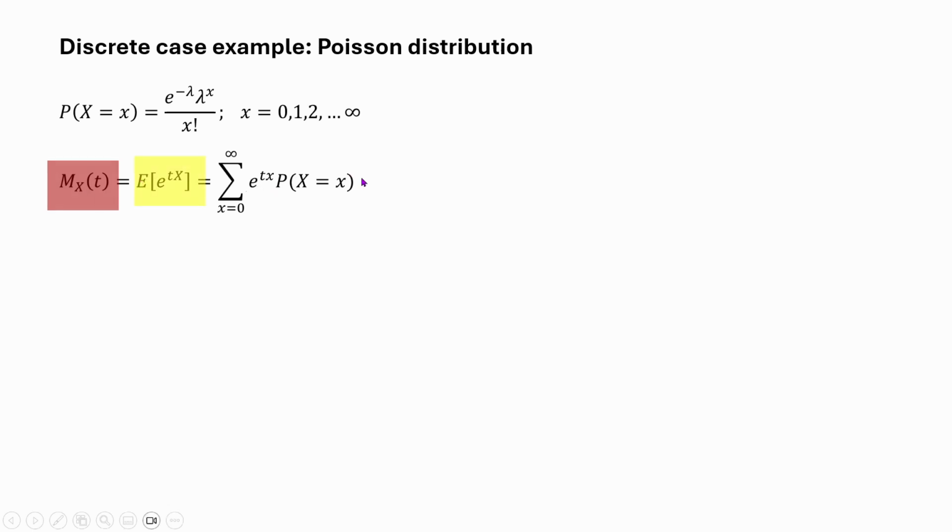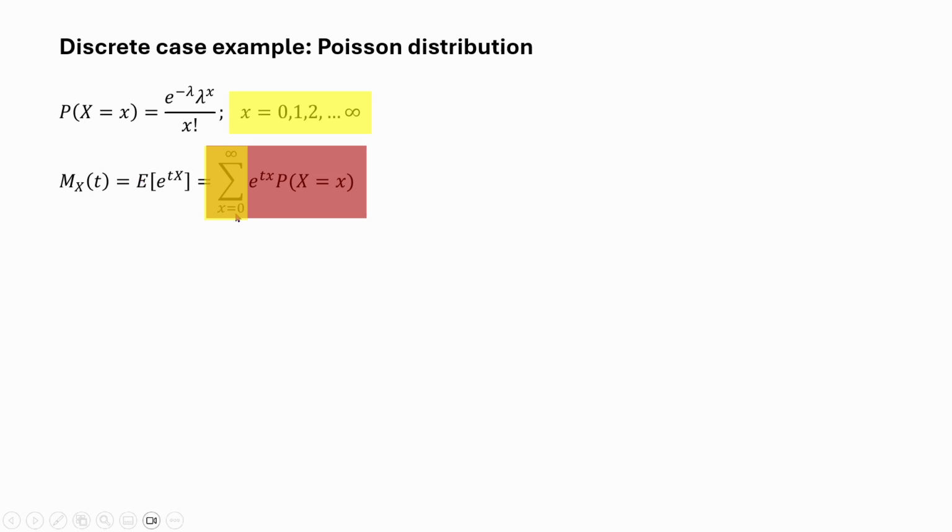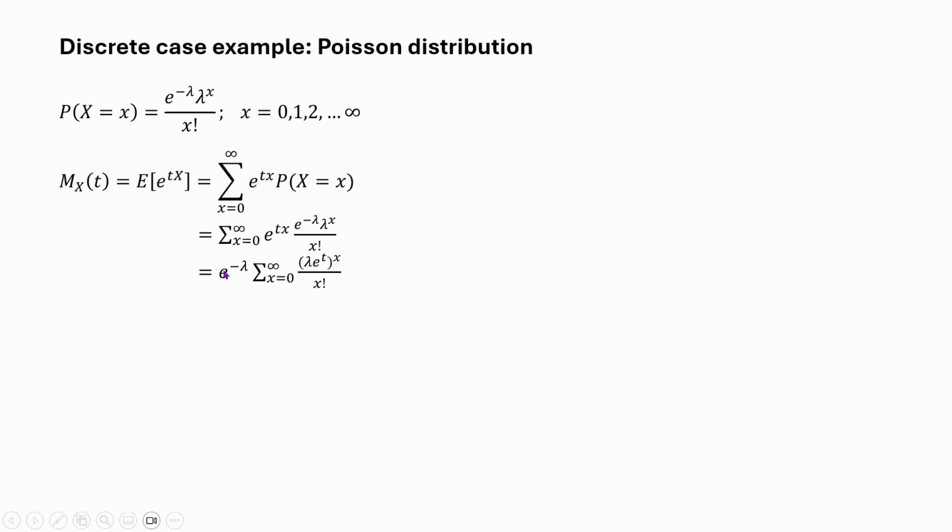And for the discrete case, we know that this will be the formula, and x can take values from 0 to infinity. That is why we are taking the sum from 0 to infinity. Fine. Now we can replace this PMF by the formula. We can take e to the power minus lambda outside because it doesn't have any x inside it. And then we can write this entire thing like this.